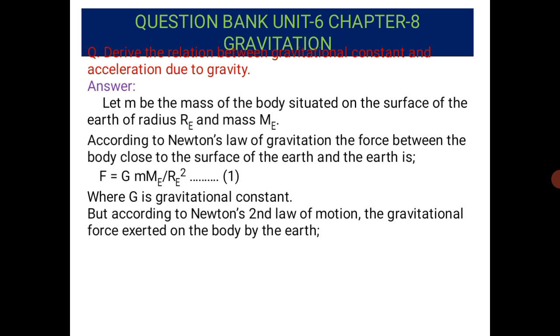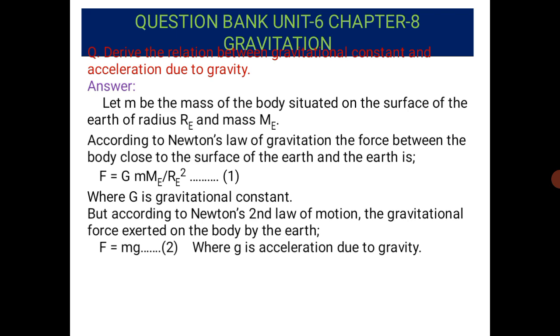But according to Newton's second law of motion, the gravitational force exerted on the body by the earth is called the weight, W equal to mg. Here mg does not mean milligram, it is mass into gravity. It is the expression, not the unit. Remember, mg is the expression for the force, just like F equal to ma, mass into acceleration, here the acceleration is due to the earth.